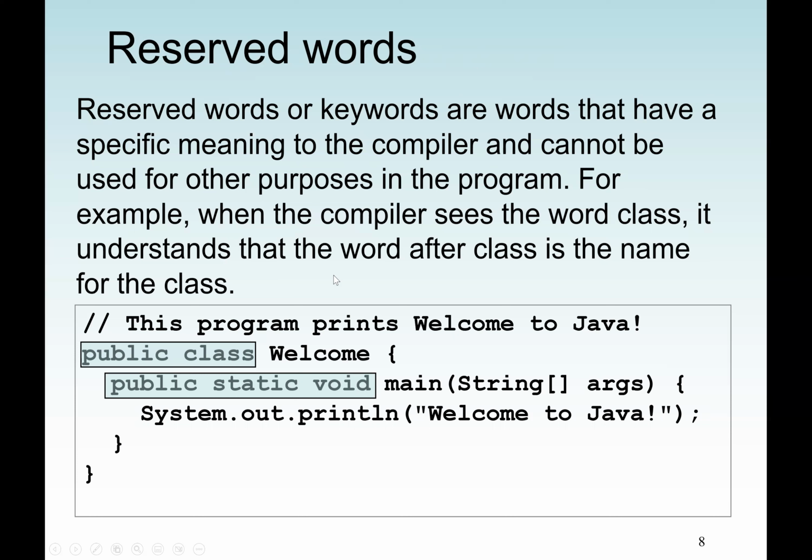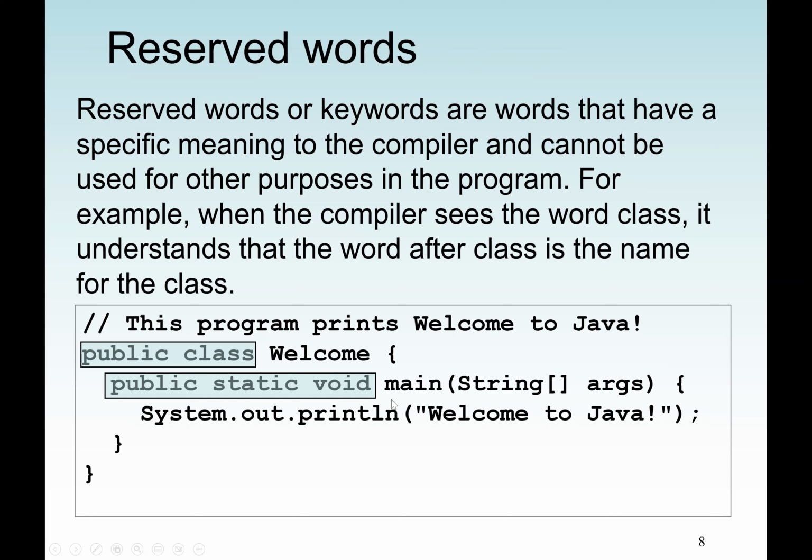So for example, when the compiler sees the word class, it understands that the word after class is the name of the class. So here we have the keyword or reserved word class. After class, we have the name of the class. We also have public static void. Now in Java, void means the method doesn't return a value.